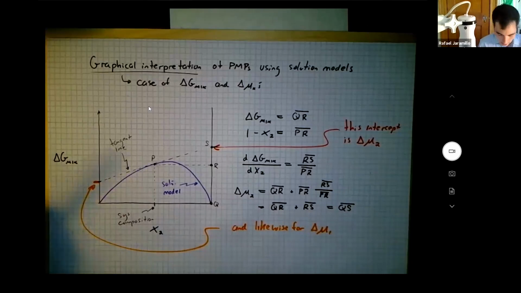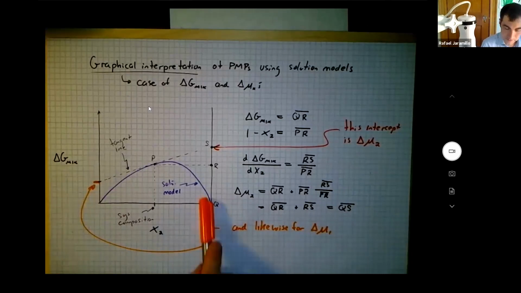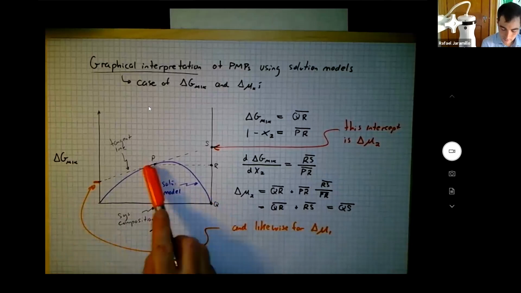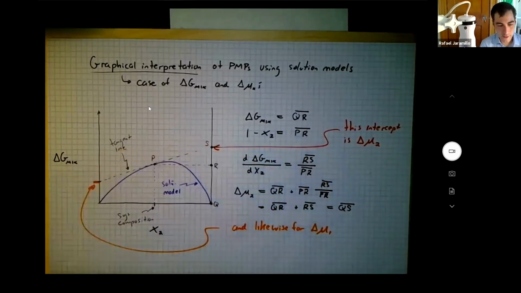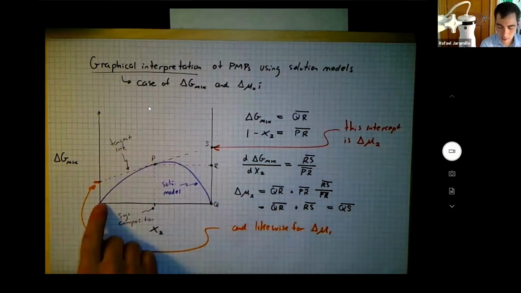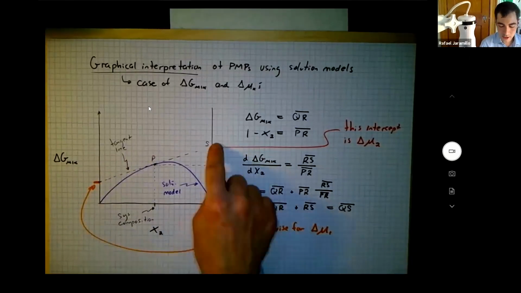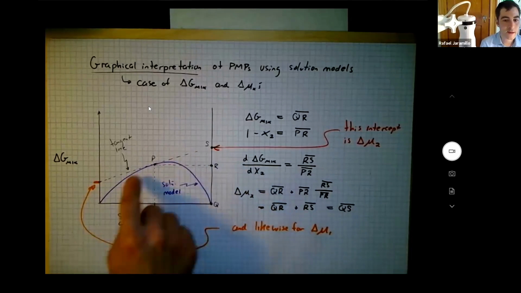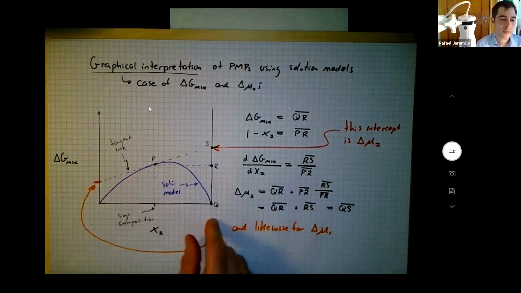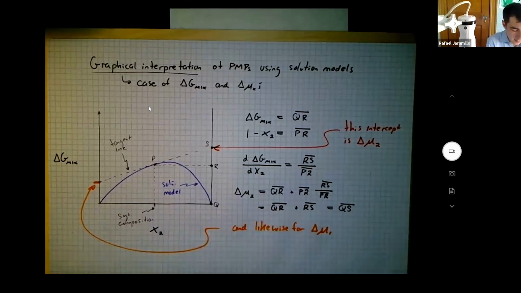That means if we have a solution model, some data, some curve, if we draw the tangent to that, we can pick out the partial molar properties of component 1 and component 2 by the intercept of the tangent on the left-hand axis and the right-hand axis. And so that's where I'm going to leave it for today.